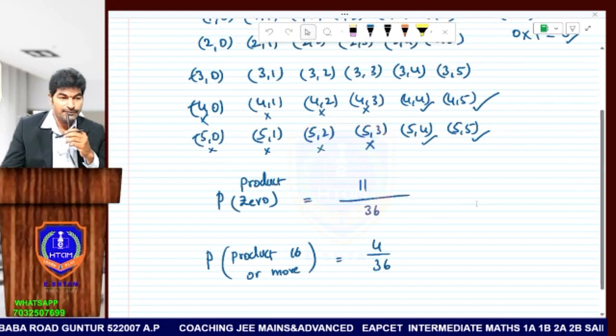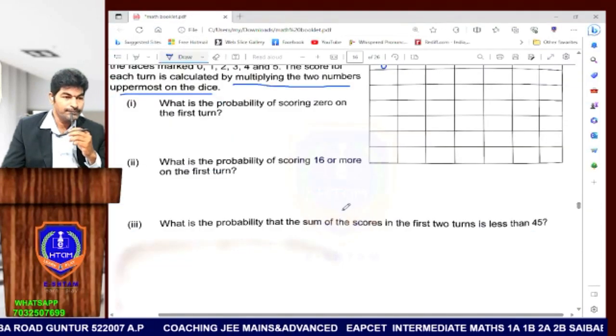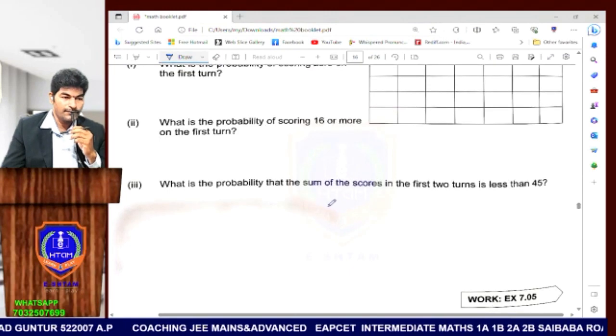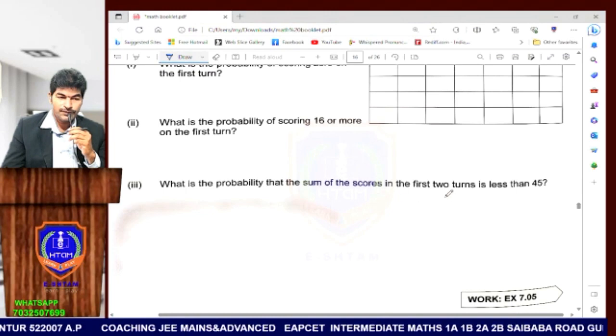Understood? Next, what is the probability that the sum of the scores in the first two turns is less than 45?